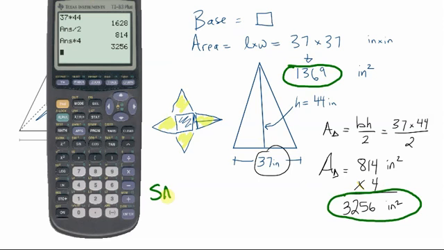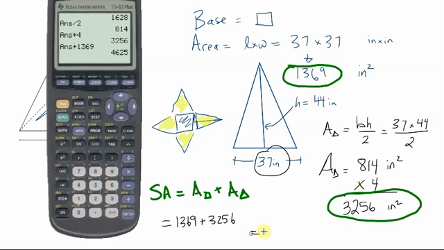So surface area is equal to the area of the square plus the area of the triangles, which is equal to 1369 plus 3256. Our total area for this thing is equal to 4,625 inches squared. That's our surface area.